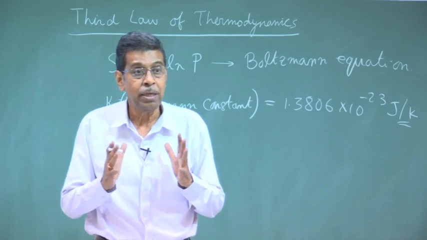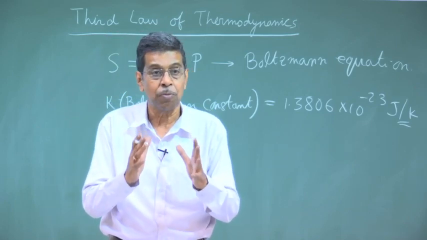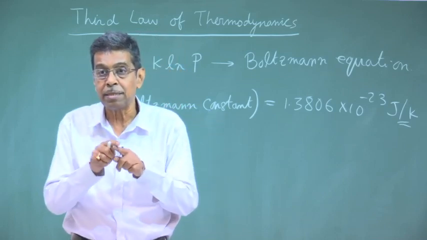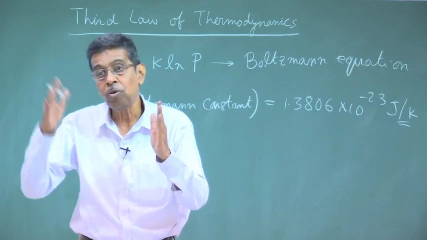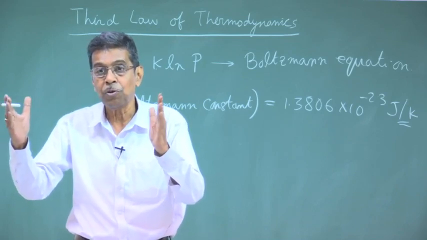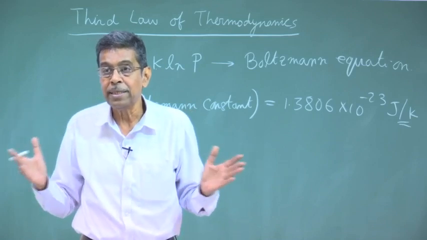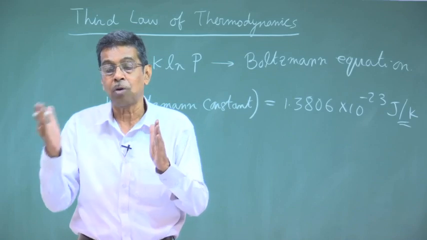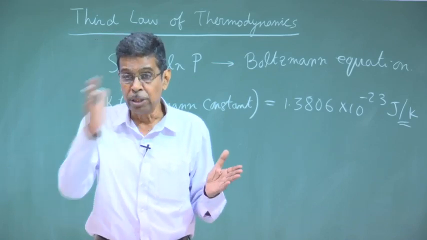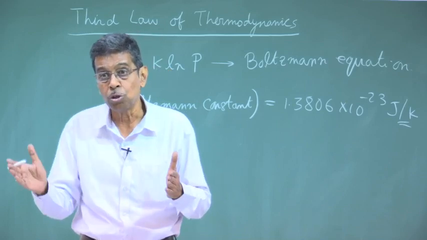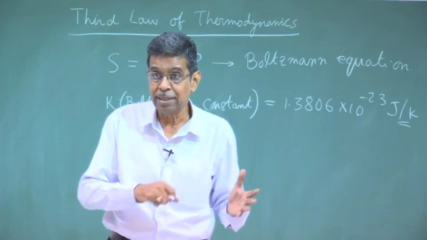And if you think from the steady flow energy equation, the first law of thermodynamics applied to a control volume, and if the constricted system is totally insulated, then the enthalpy at the inlet will be equal to the enthalpy at the outlet if you consider the kinetic energy and potential energy changes negligible. That means the enthalpy at inlet and outlet remains the same, but this is a highly irreversible process where the pressure is reduced and the temperature is reduced, provided the initial temperature is less than the inversion temperature.